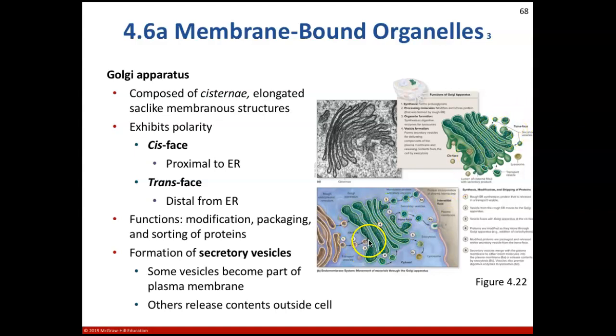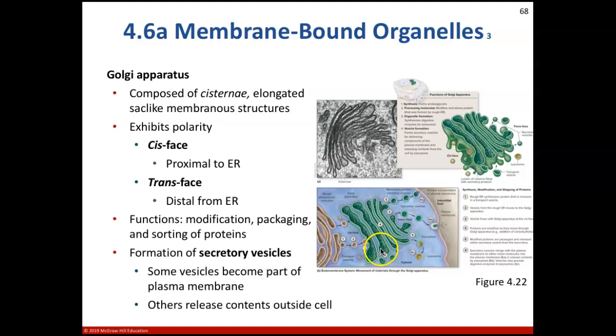Its main job is to modify, package, and sort the proteins. So you can kind of think of this as like your post office. It tells you if your package is not done correctly, it can repackage it, and it sorts it into the specific area.